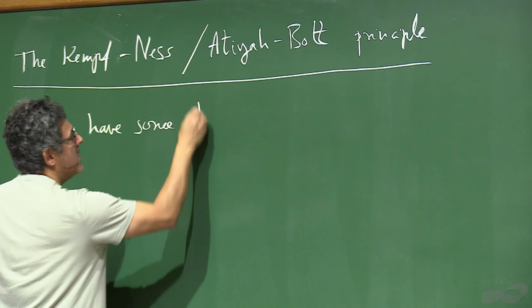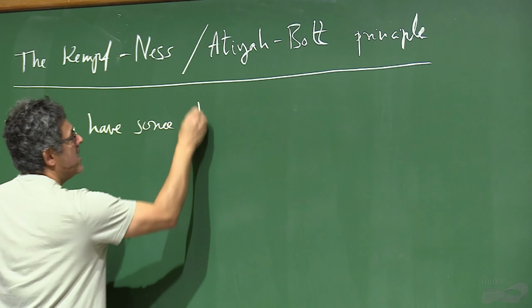Okay, so in this case, there is an explicit formula for a moment map. And everything is finite dimensional. That's the main difference with this principle.